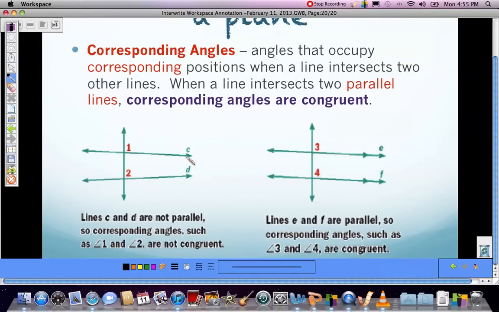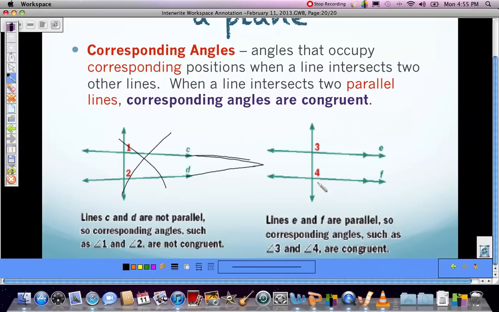If I were to extend line C and line D, they would eventually intersect, meaning that these are not parallel lines. So if you have two lines that are not parallel, then they will not have corresponding angles that are congruent. So these corresponding angles are not congruent.